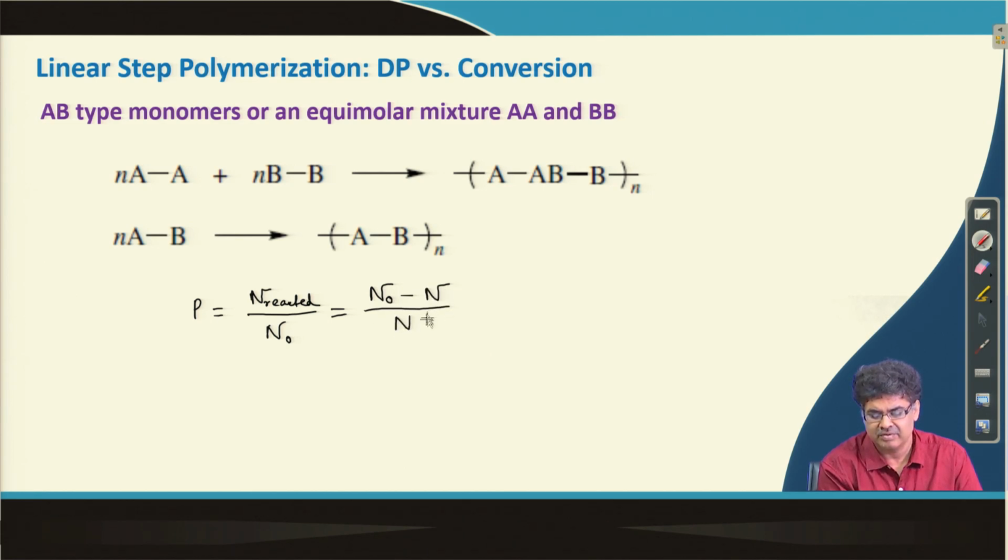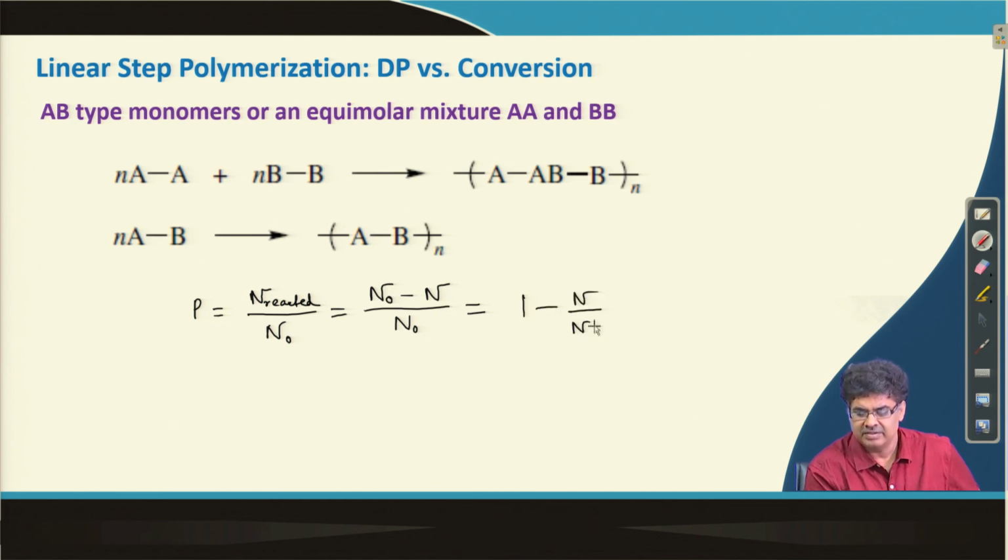So, n0 is the initial number of molecules and n is the number of molecules present now, which means n0 minus n is the number of functional groups which has reacted. Each molecule will have 2 functional groups, so the 2 cancels out when we talk about conversion. So, we can write p equals 1 minus n by n0, that is, n by n0 is 1 minus p.